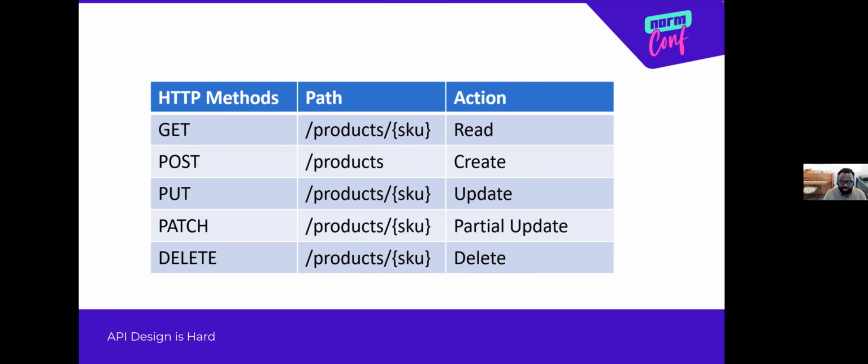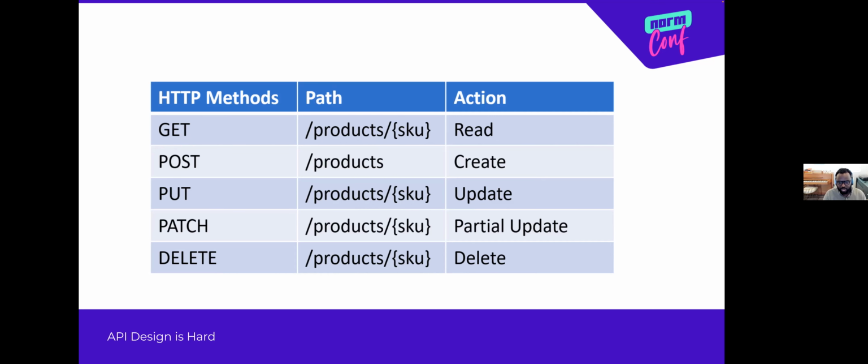There also may be some APIs that believe that this is kind of too robust and too many methods. And so they might make a post API for everything. So there might be post, slash products slash delete. And then that would kind of take over the same effect as a delete HTTP method. Or you may have the patches and the puts and the gets all be implemented in posts as well.